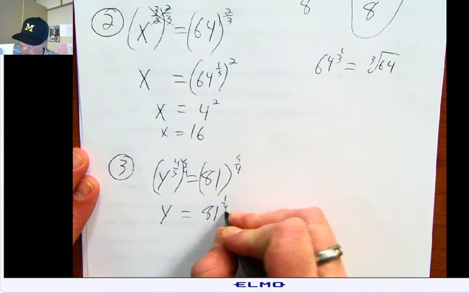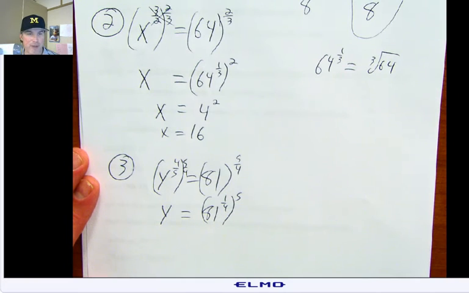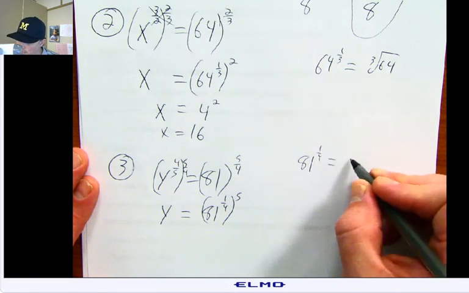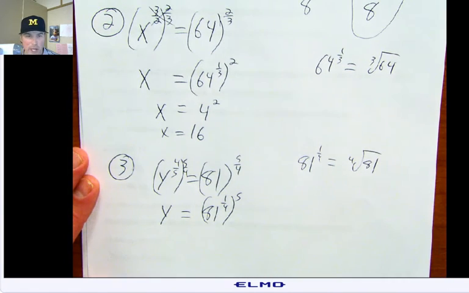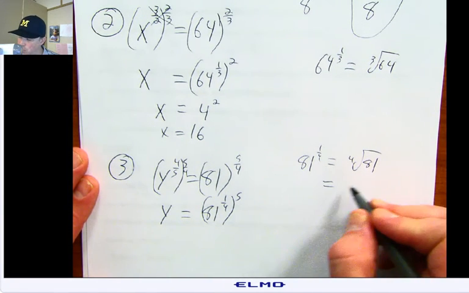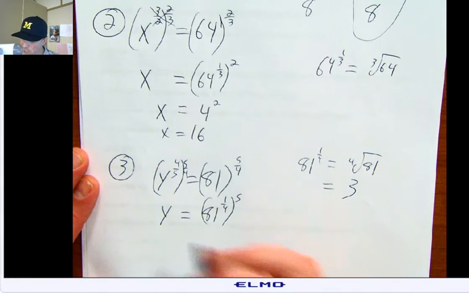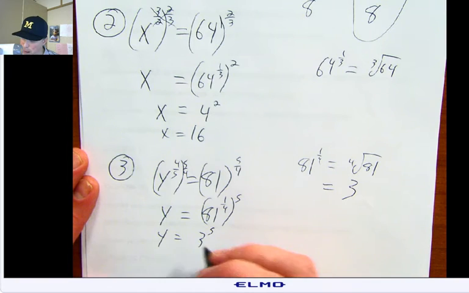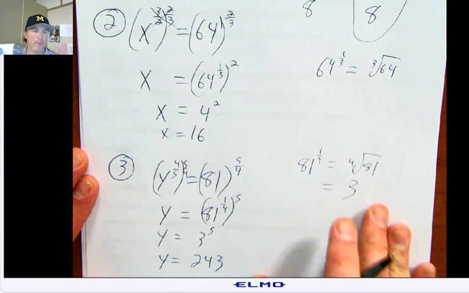So I have 81 to the 1/4 raised to the 5th power. 81 to the 1/4 is the same as the 4th root of 81, and you need to know that that's equal to 3. So I have 3 to the 5th power, and 3 to the 5th power is on the list. That happens to be equal to 243.